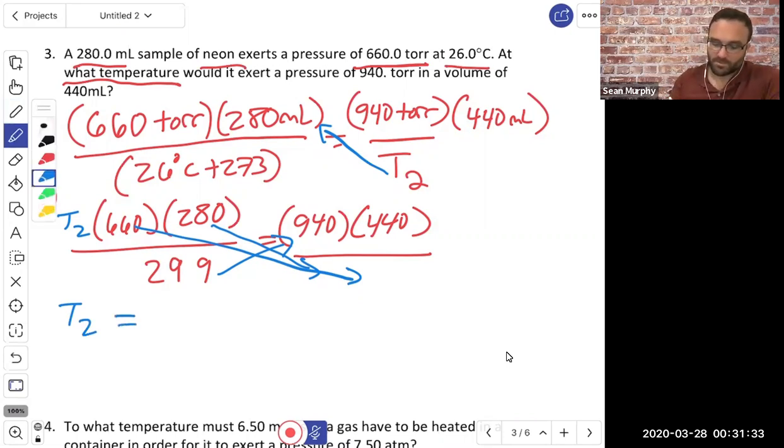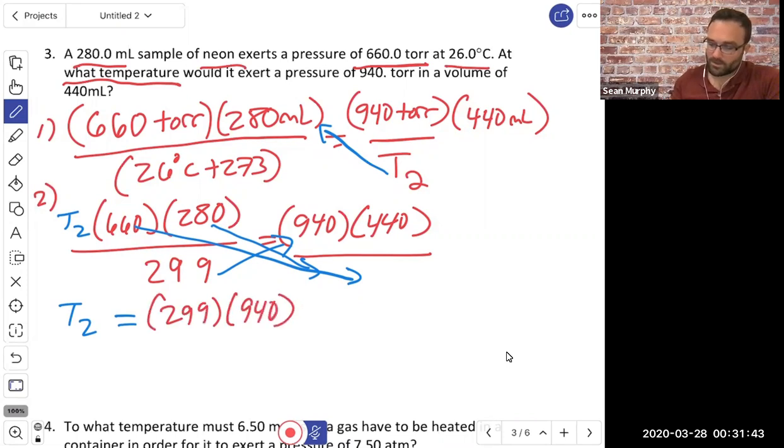So let me change my pen. So now we have 299, 940, 440, and we have 660, and then we have 280.